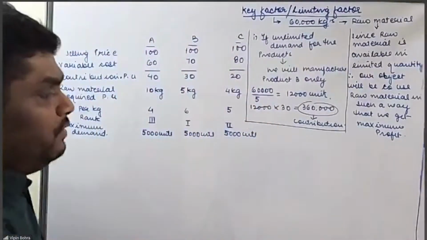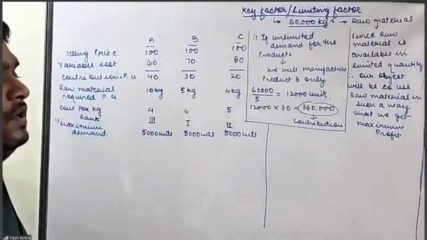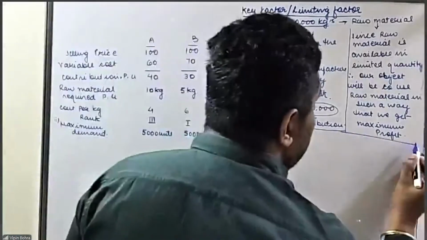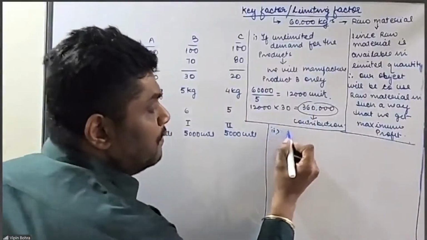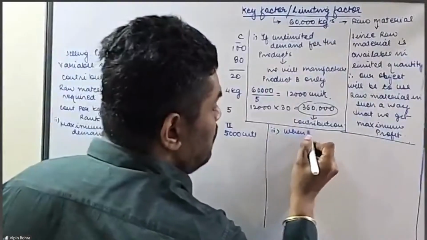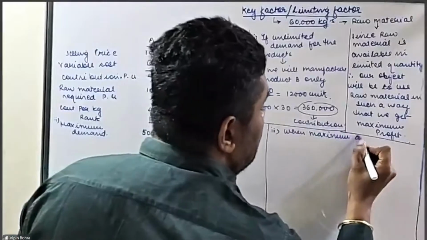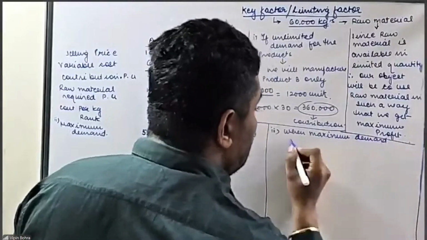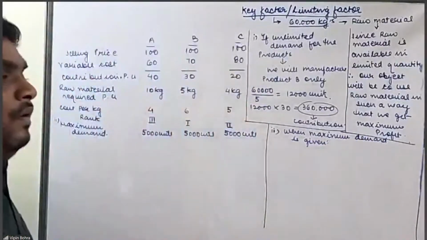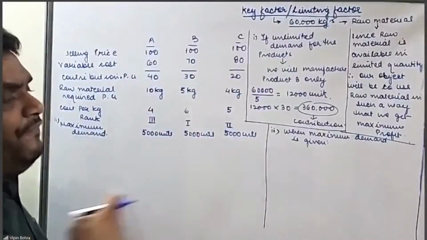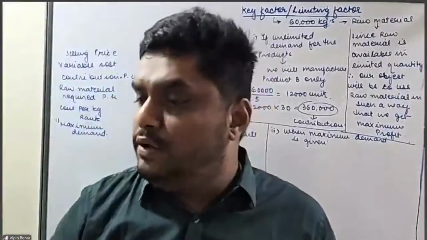Only 5,000 units. So since the demand is 5,000 units for every product, we can't sell more than 5,000 units.